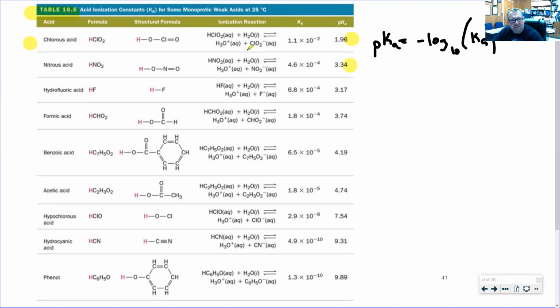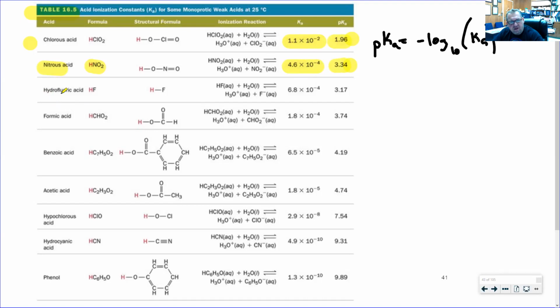So chlorous acid is a strong weak acid. It has a Ka of 1.1 times 10 to the minus 2, so its pKa is 1.96. Nitrous acid, HNO2, Ka is 4.6 times 10 to the minus fourth, pKa is 3.34.